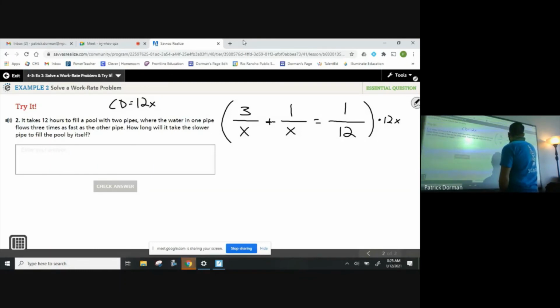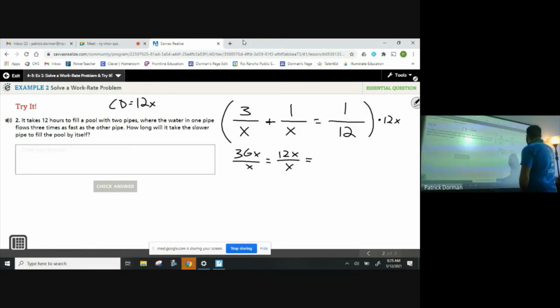So 3 times 12 is 36x over x. 12x over x. And we multiply 12x times the 1. And then 12x times the 1 in our last term gives us 12x over 12. All right, we are going to realize that these x's cancel, those x's cancel, and those 12's cancel. We wind up with a fairly simple equation.